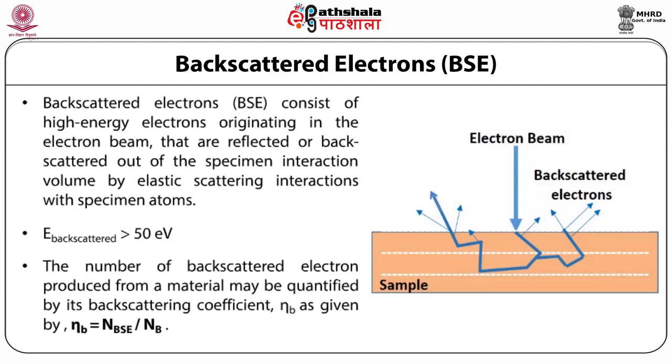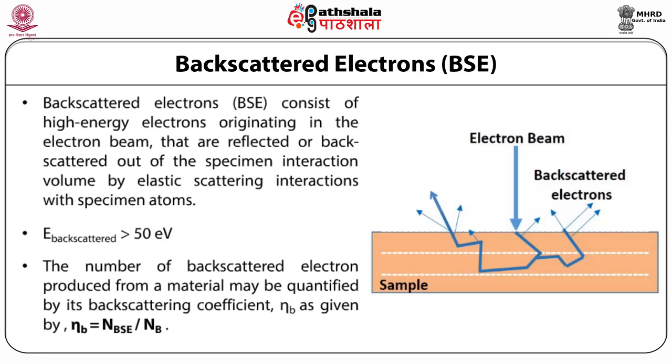The number of backscattered electrons produced from a material may be quantified by its scattering coefficient eta b, which is equal to the number of backscattered electrons leaving the specimen divided by the number of beam electrons incident on the specimen. This coefficient depends strongly on a sample's average atomic number.